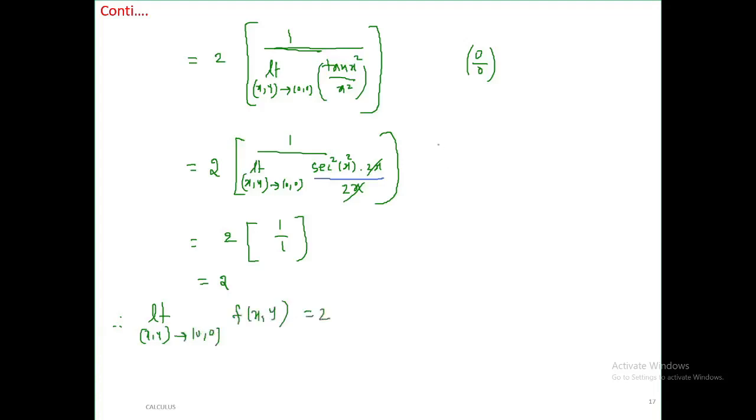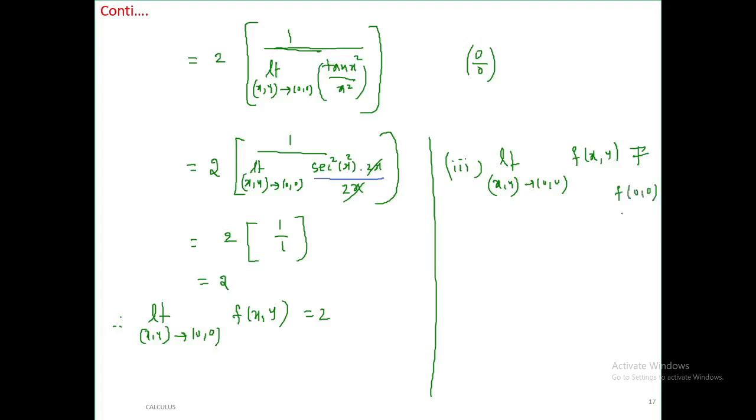So for the third point, both should become equal, right? But it is not becoming equal. Therefore the limit as (x, y) reaches (0, 0) of f(x, y) is not equal to f(0, 0), that is, this is 2 which is not equal to 0.